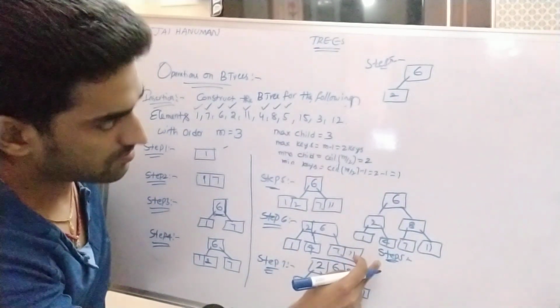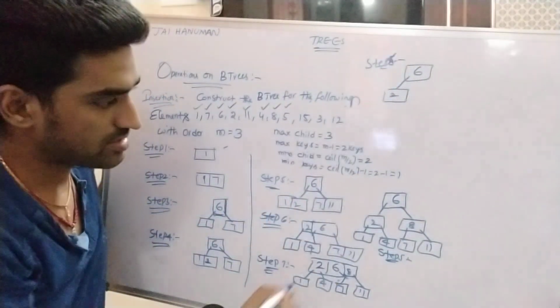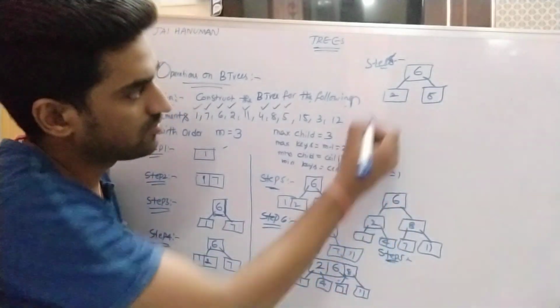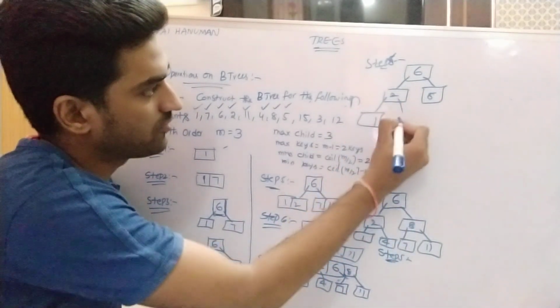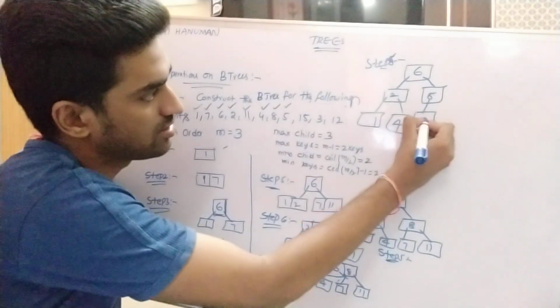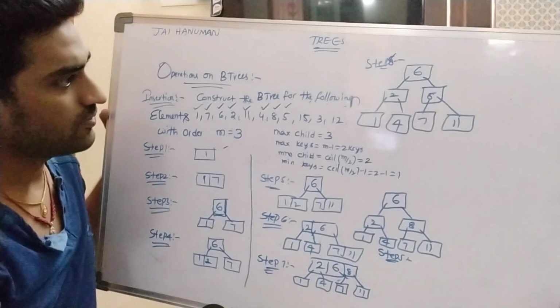This is step 8. 6 2 8, 1 4, 7 11. We are inserting 5 now.